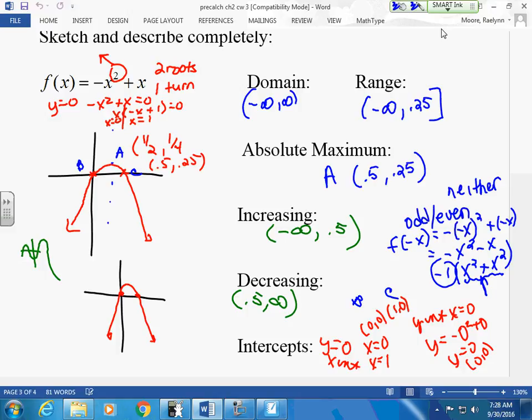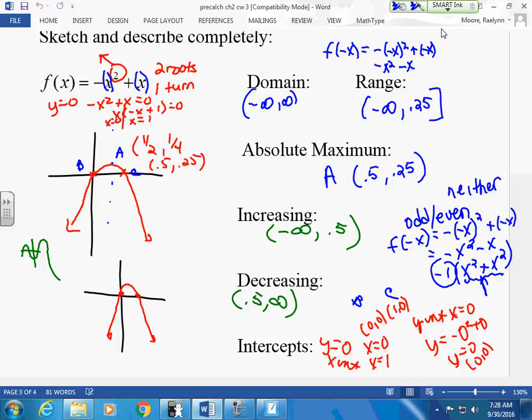You're going to plug in the negative x. You're going to take a look at it. Let's do it up here. Plug in the negative x. This negative stays. There's your negative x. An easy way to do this is just put parentheses around your x. Plug in the negative x. This becomes negative x squared minus x.